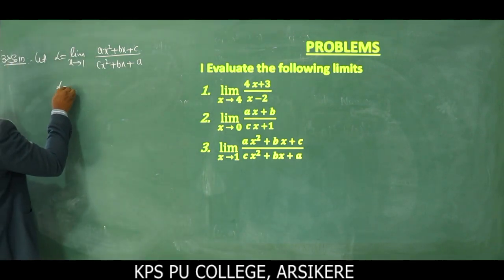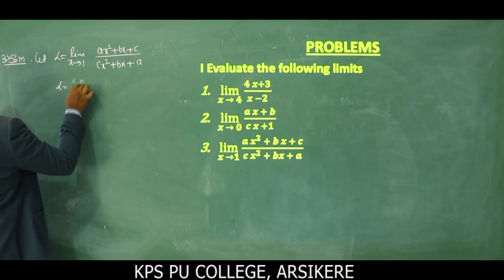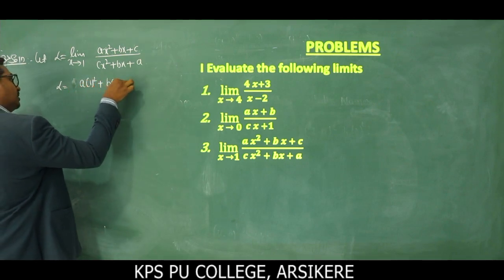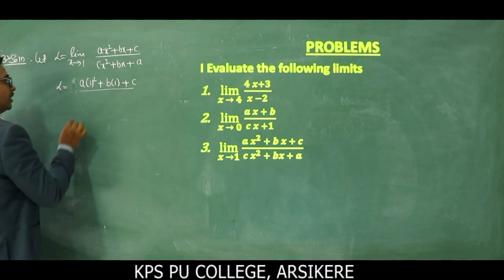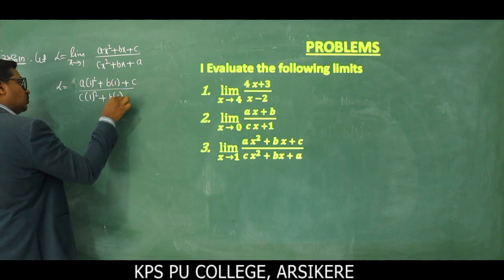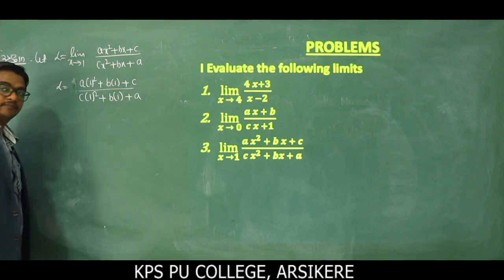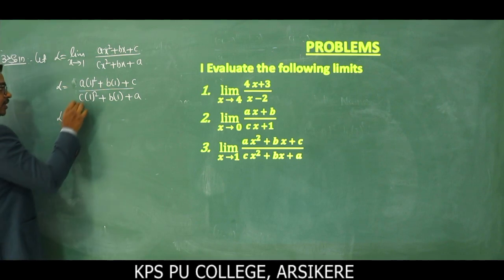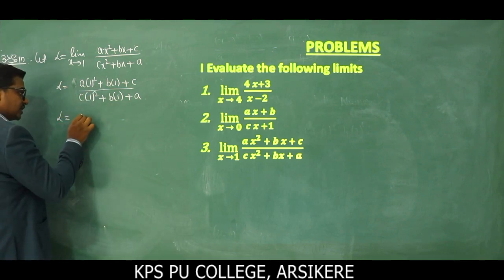So therefore L becomes (a into 1 square plus b into 1 plus c) whole divided by (c into 1 square plus b into 1 plus a). Next step is simplification. L is equal to a into 1 square. The 1 square value is 1.